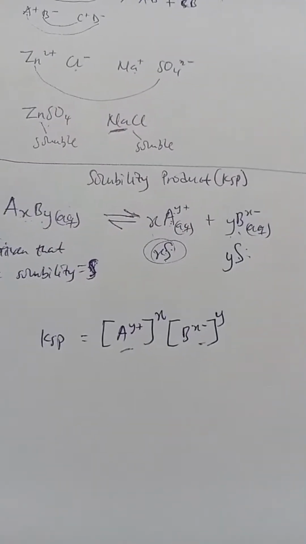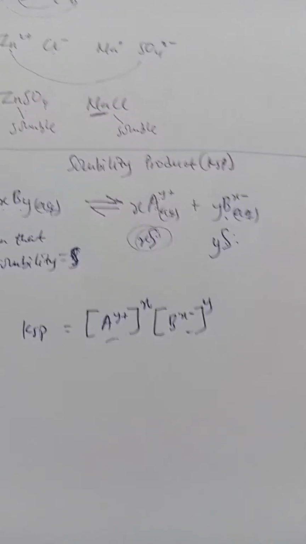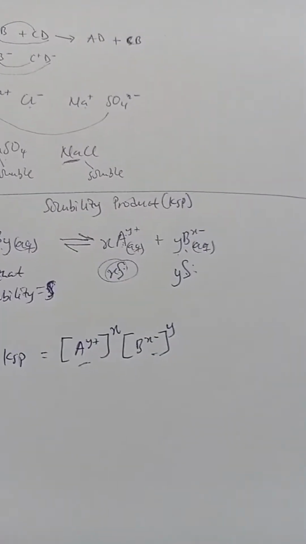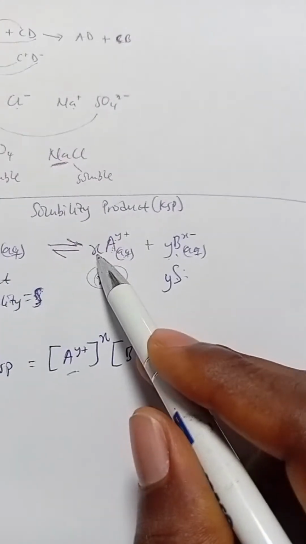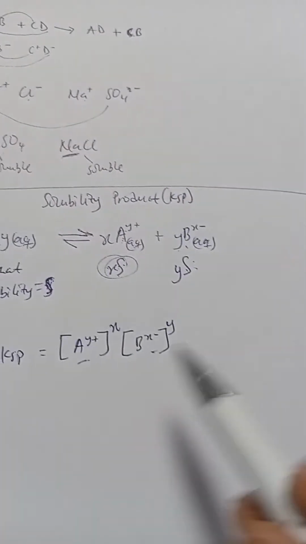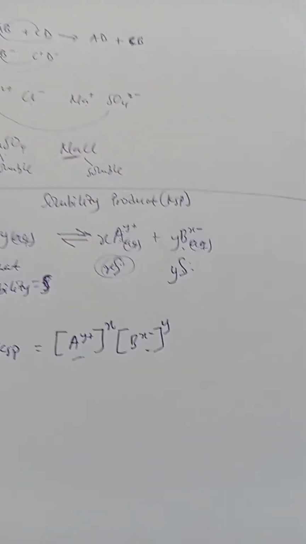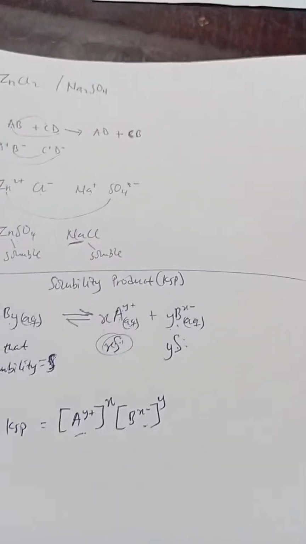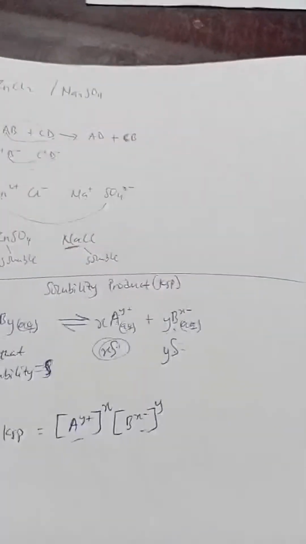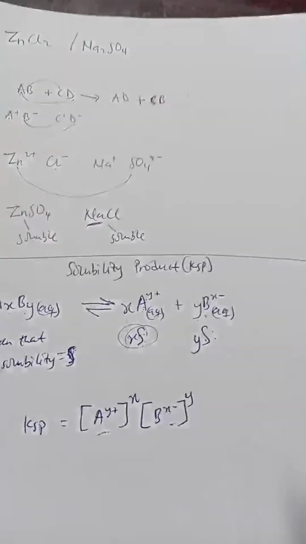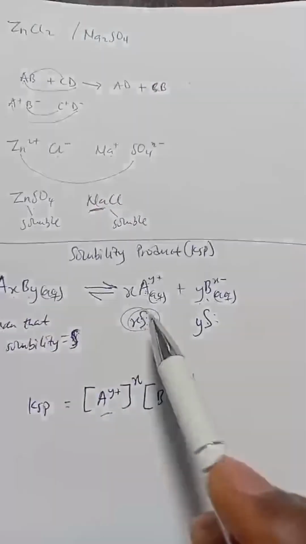But if you are asked to find the ionic product, you take the actual concentrations of these ions and raise them to the power of their stoichiometric coefficients, just like KSP. The difference is the kind of concentration you use. For KSP, you use the solubility of the salt.